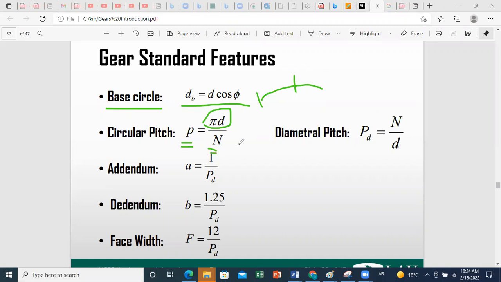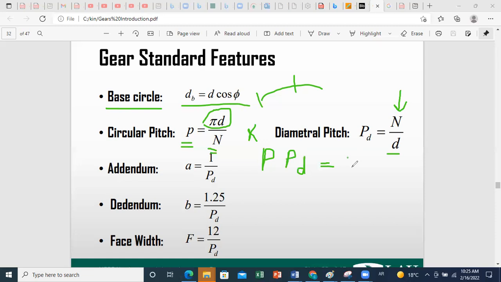We also defined the diametral pitch, which is the number of teeth over the value of the pitch diameter. And we have seen, if you remember, that the product of these two factors will give us pi. So circular pitch times diametral pitch will give us pi.